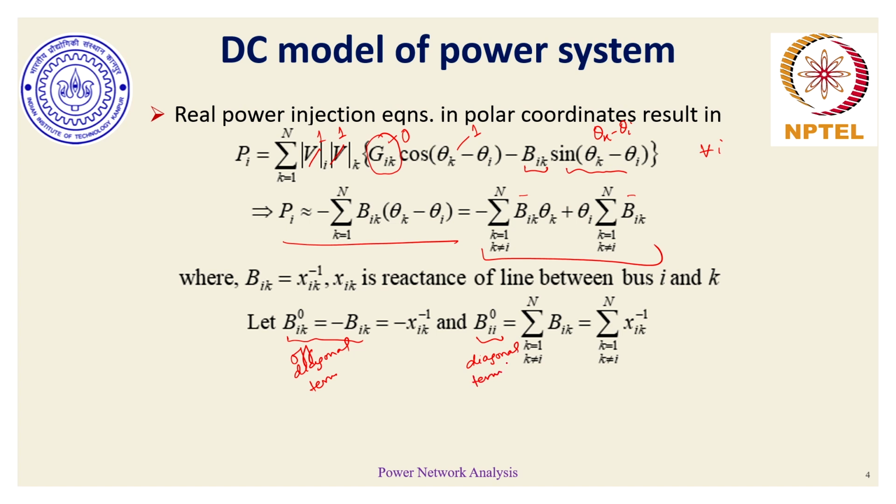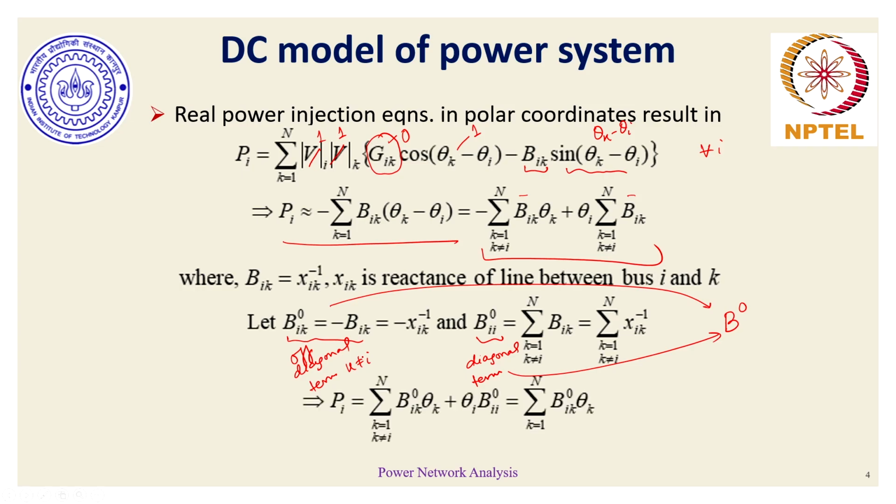We would call that matrix the B' matrix. So Bii' is the diagonal term of B', and Bik' is the off-diagonal term of B', where k is not equal to i. Under this B' definition, we can express the real power injection at every bus in terms of the voltage phase angles and the corresponding B' elements.